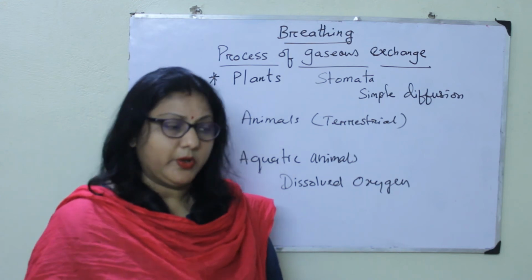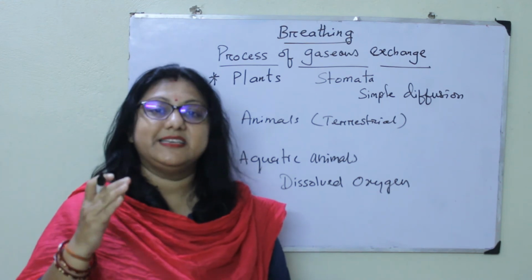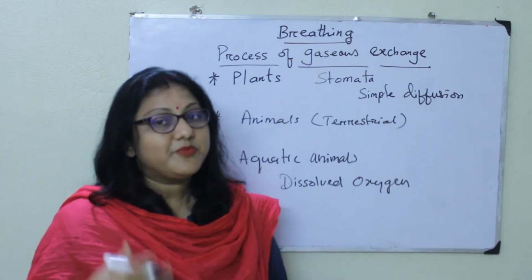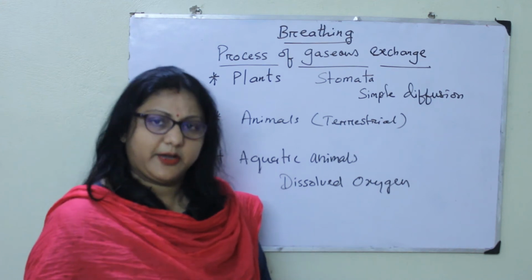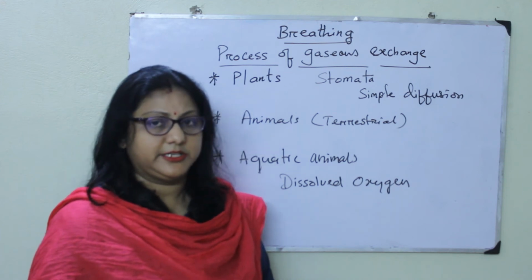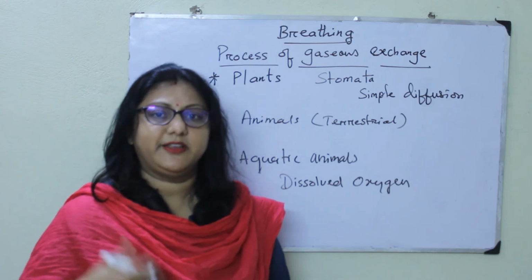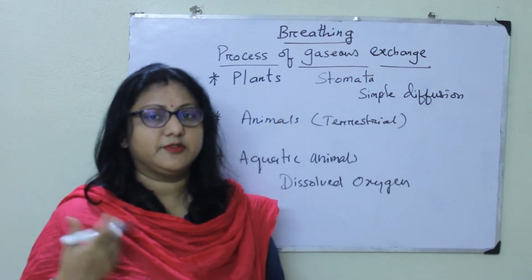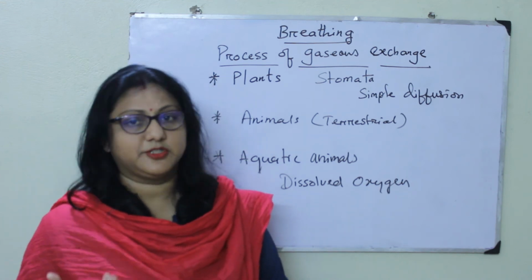right? So the breathing rate of the terrestrial organism is lower than the breathing rate of the aquatic organism. Why? Because the aquatic organisms take the oxygen from dissolved condition, so the concentration of oxygen is very less. So they have to breathe very fast so that they can meet the need of oxygen in their body.